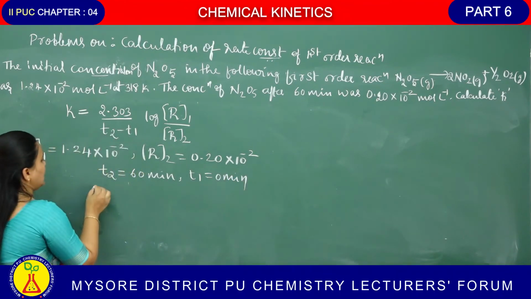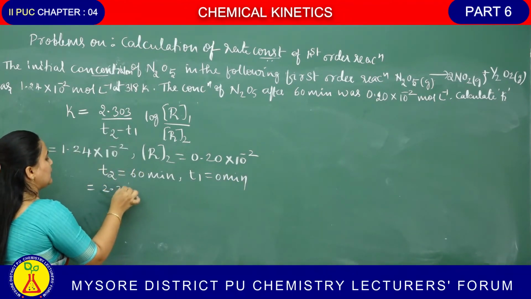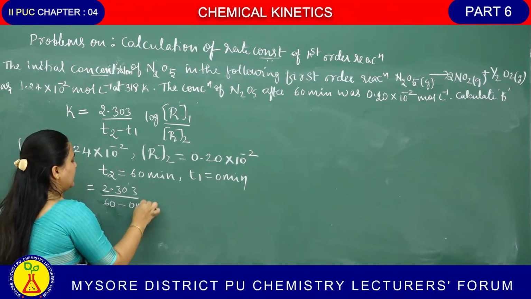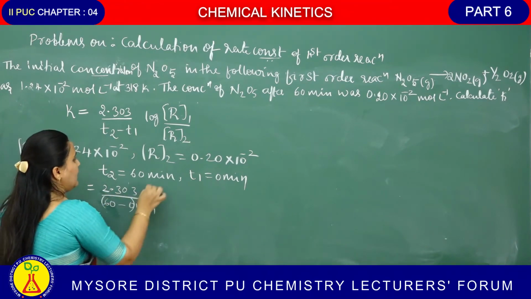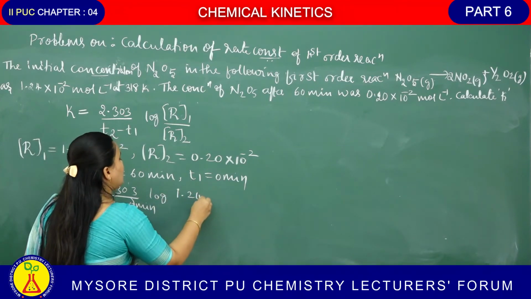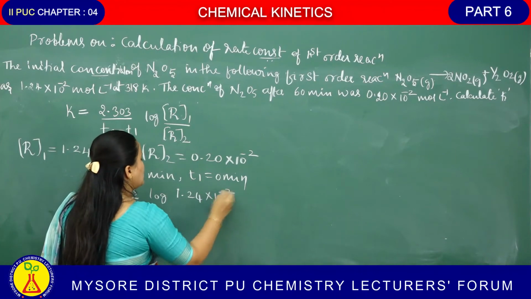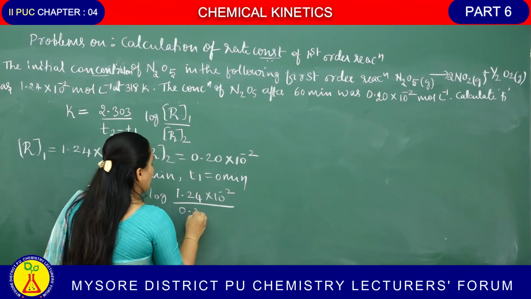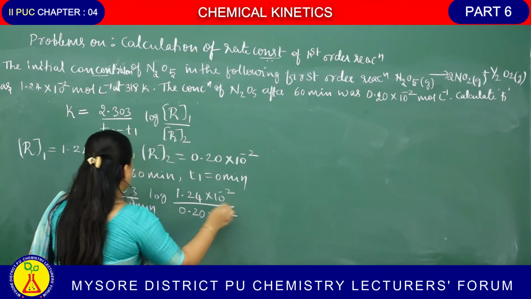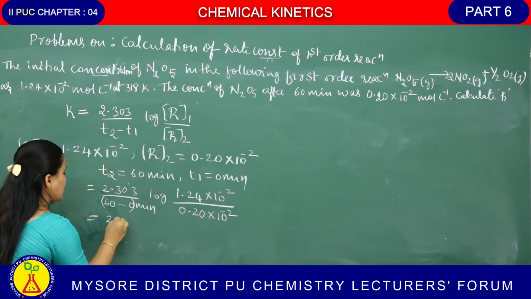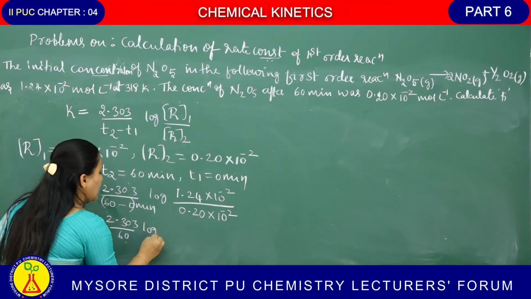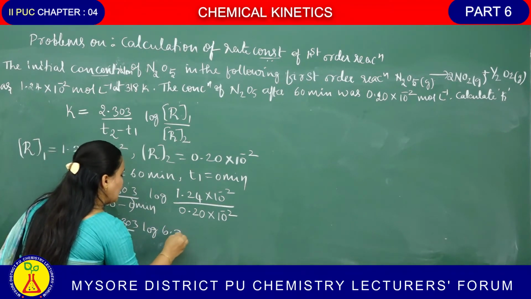Substitute all the values. 2.303 divided by 60 minus 0 minute log R1 is 1.24 into 10 power minus 2, log R2 is 0.20 into 10 power minus 2. On simplification, 2.303 divided by 60 log 6.2.